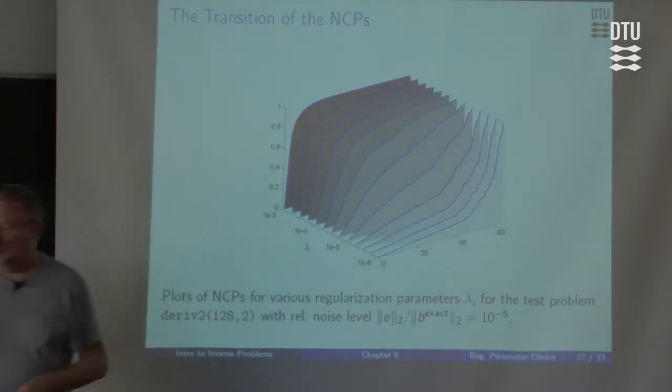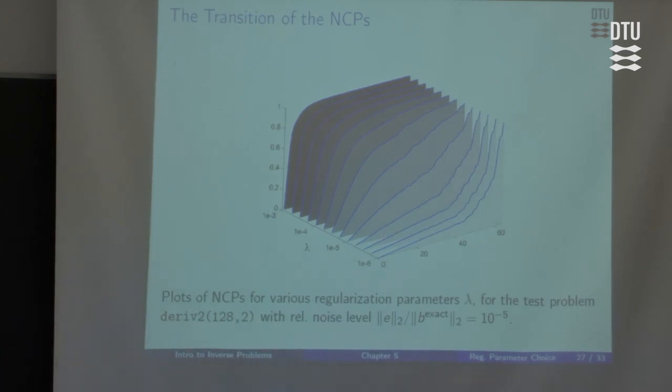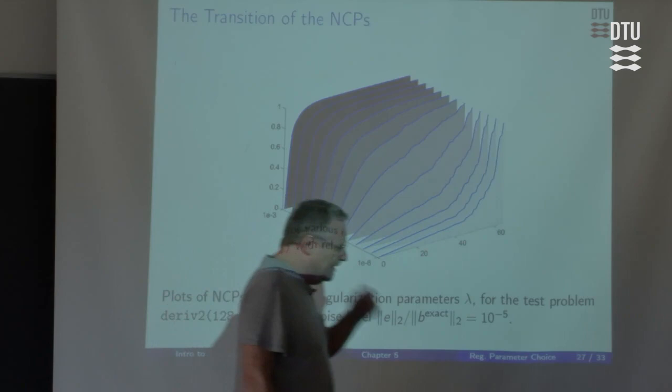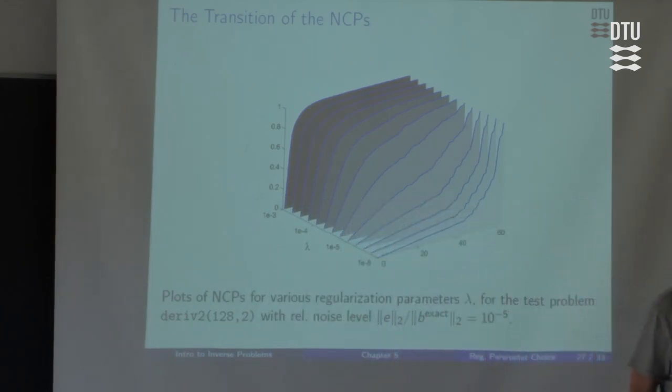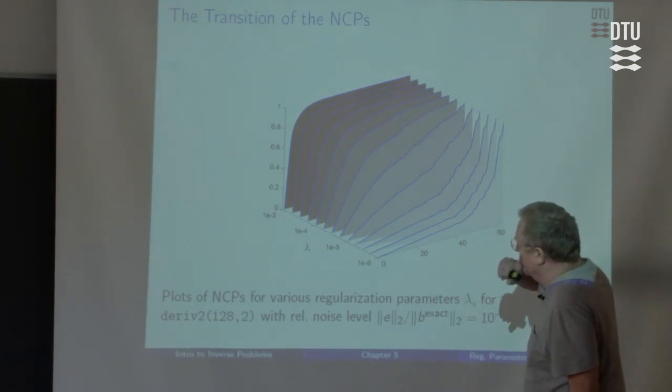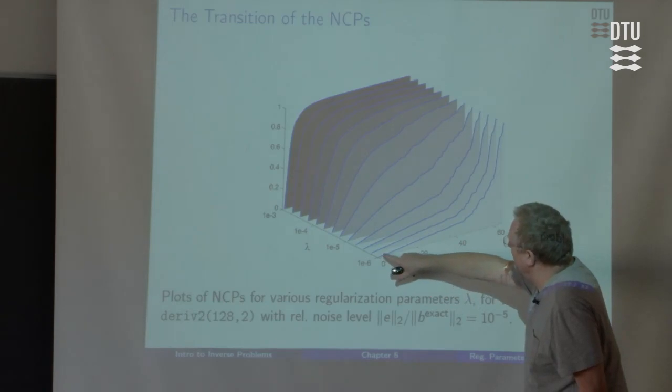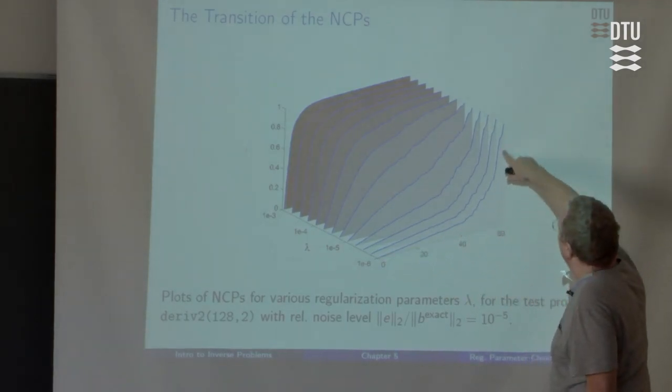That means that now we include a lot of the noise components also in the regularized solution. And certainly at that stage, the residual is dominated by some high-frequency noise components. And you see now the Ncp curve is bending the other way.